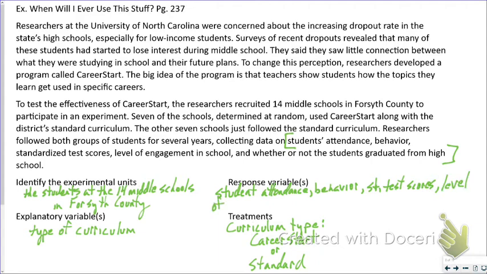I don't know how you measure that. And graduated or not, high school.